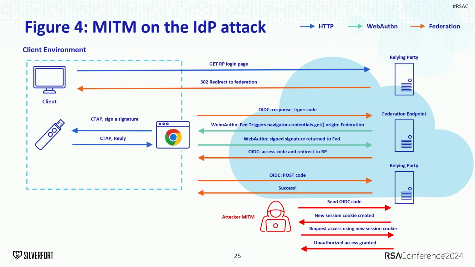So now we can see in the complete diagram that the context of the attacker or adversary is in the relying party itself and not the identity provider, the federation endpoint, where the modern authentication method is actually located.